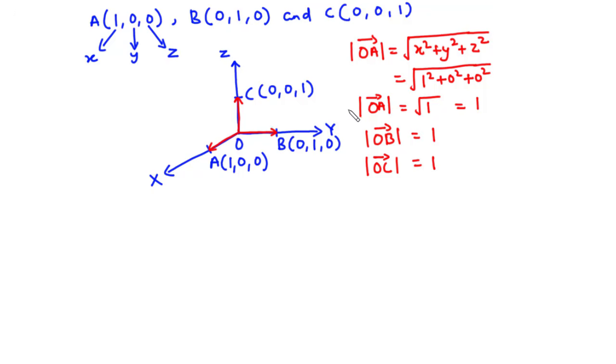And these vectors are said to be the unit vectors along the x-axis, the y-axis, and the z-axis respectively, and they are denoted by I cap, J cap, and then K cap. So I cap is the unit vector along the x-axis, J cap is the unit vector along the y-axis, and then K cap is the unit vector along the z-axis.